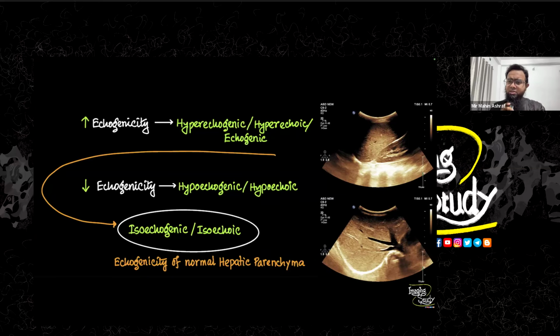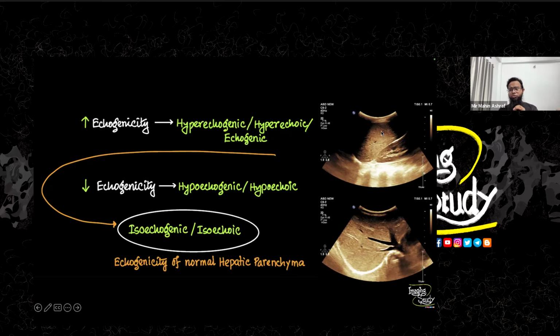For abdominal ultrasound, we commonly use the term isoechoic or isoechogenic for describing the liver parenchyma. The normal liver parenchymal brightness is quite familiar to us, or you will get familiar with it. This brightness or echogenicity is called isoechoic.